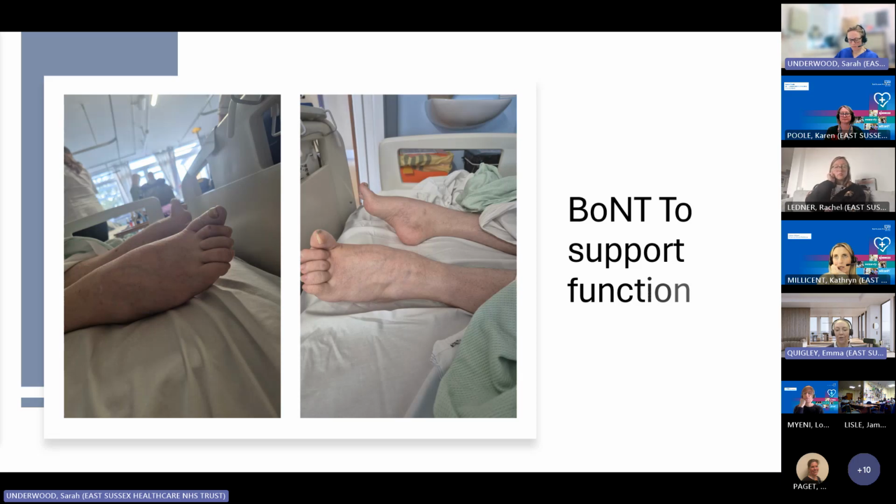So she was reliant on functional electrical stimulation, which she'd used for approximately 6 years. But she was very, very able. She was doing 2 exercise groups a week with a private therapy company, and she was having one-to-one private physio and hydro. So she was doing a lot.